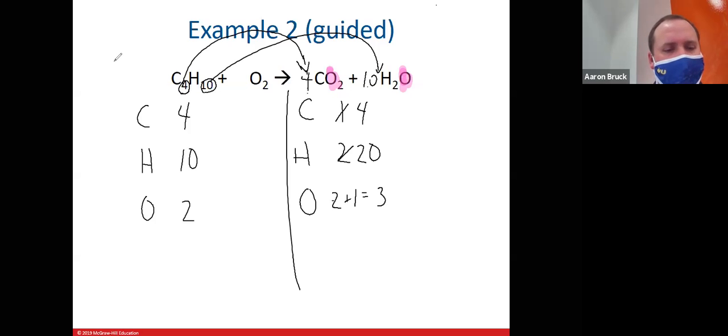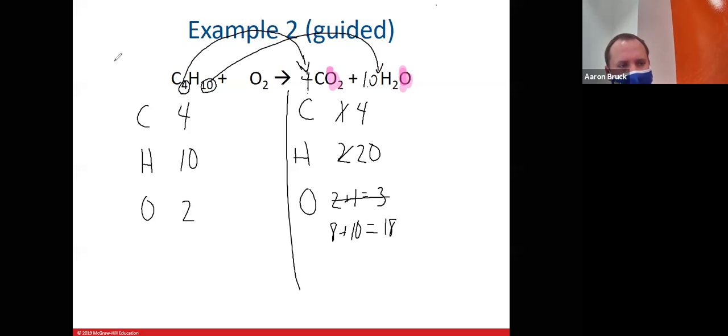And I now have 4 times 2 is 8, 10 times 1 is 10, 18 oxygens in total. So this hasn't really made things super better, but it's at least made things a little bit more clear.